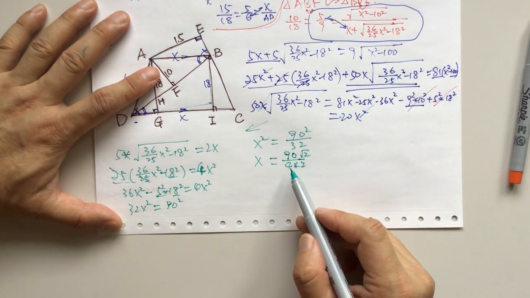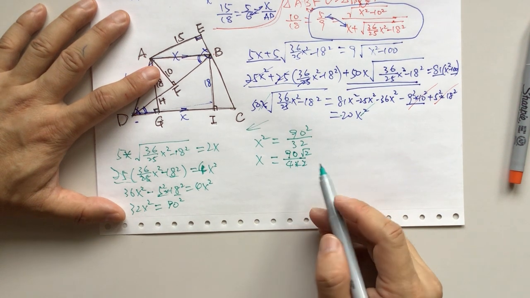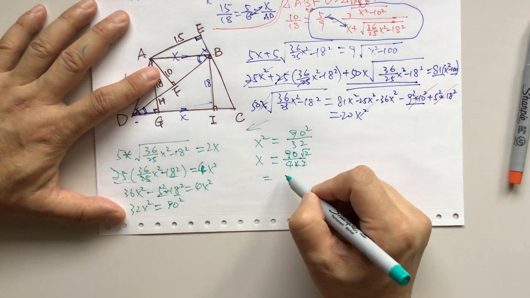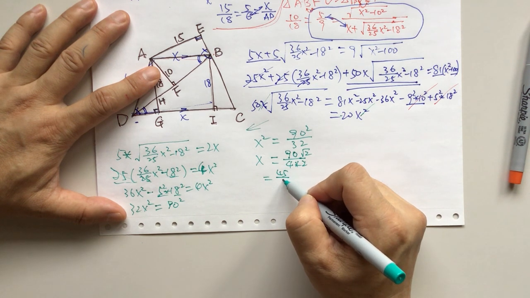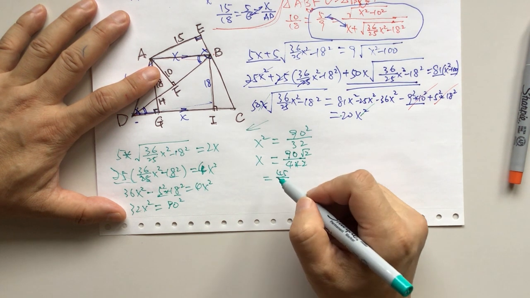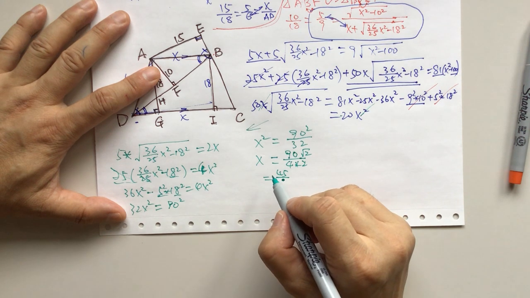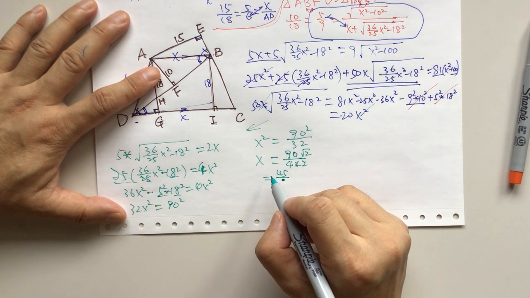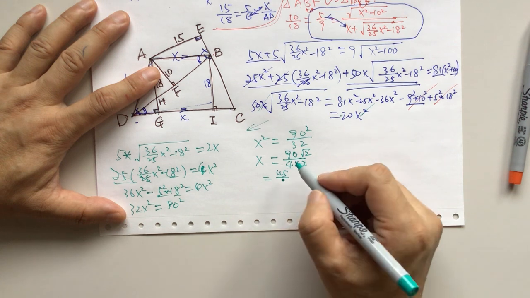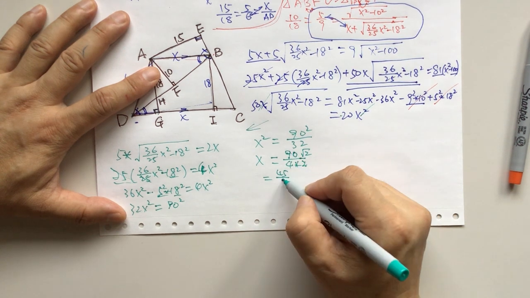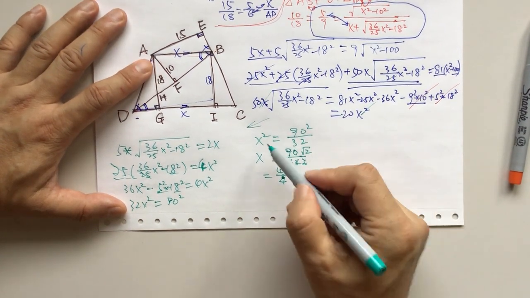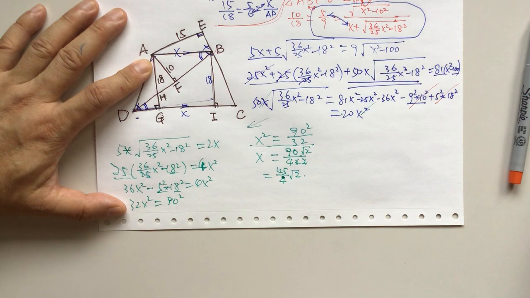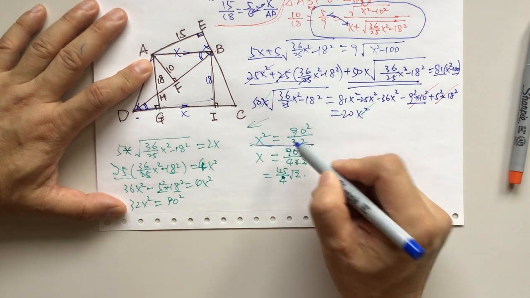So then that's 45 over 2, now that's 45 over 2, square root of 2, right? Okay, that's x squared. Now we got this step.